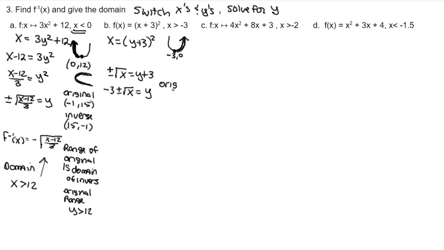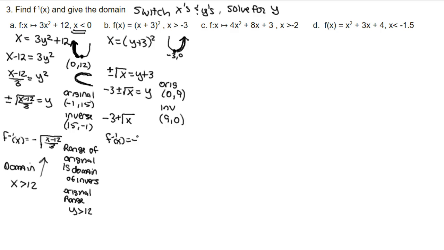So if I pick a point in the original, which in this case 0 is bigger than -3, if I put a 0 in, a 9 would come out. So that means in the inverse, if I put a 9 in, a 0 must come out. So if I take the square root of 9, it's going to be 3. And so -3 plus 3 equals 0. And that's how I know what sign it's got to be.